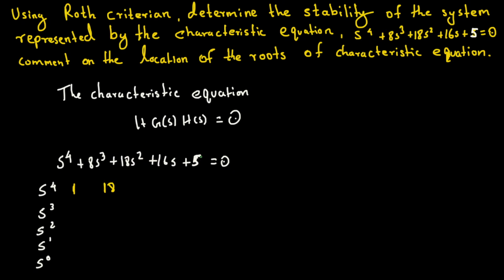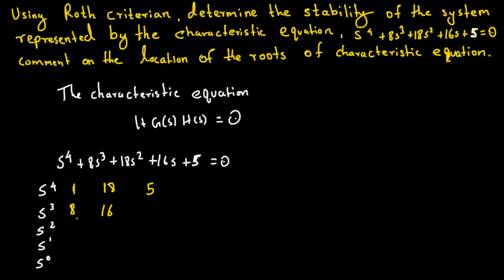After that we have power 0, which has coefficient 5, so you put that right here. For the odd powers, s^3 has coefficient 8, and the next odd power, s^1, has coefficient 16.